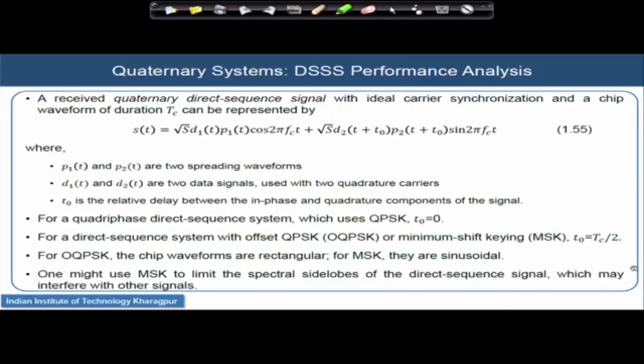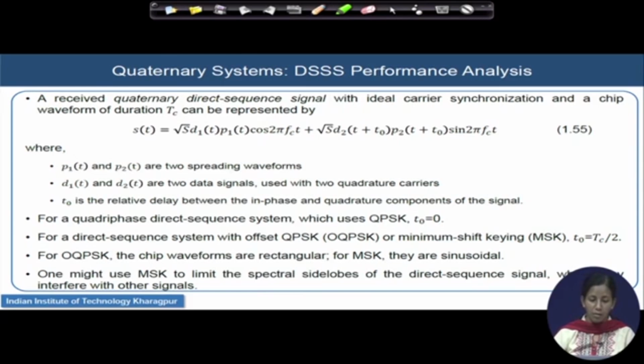What is a quaternary system, and how will the performance of a quaternary system change with respect to the system model considered? That will be our consideration, and we will see it today. Remember, this is the received quaternary direct sequence spread spectrum signal.